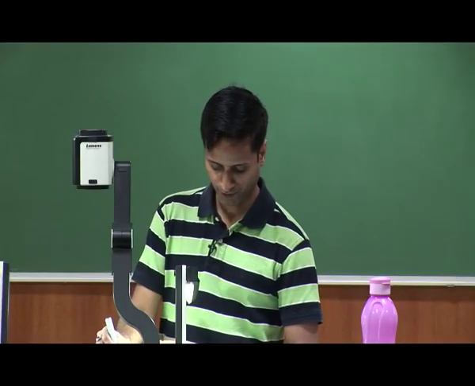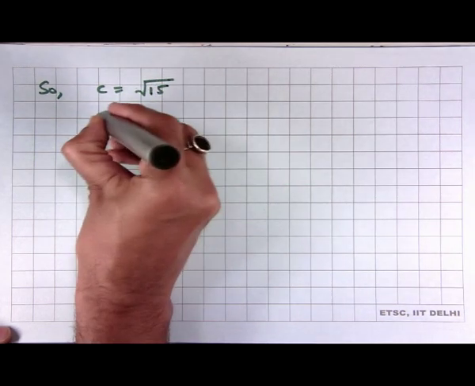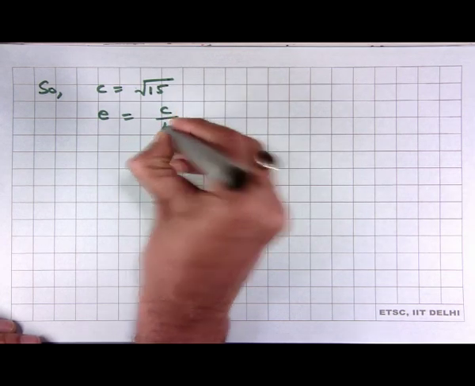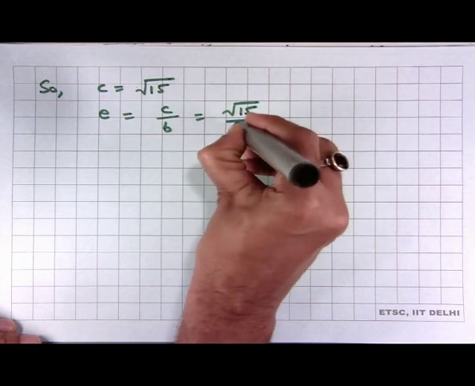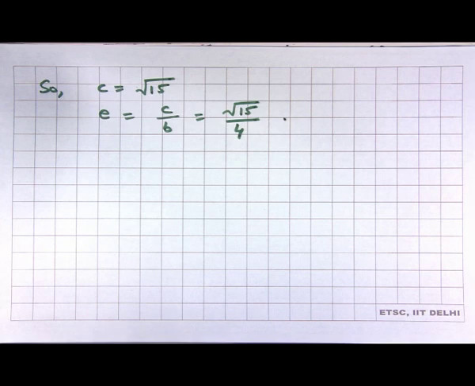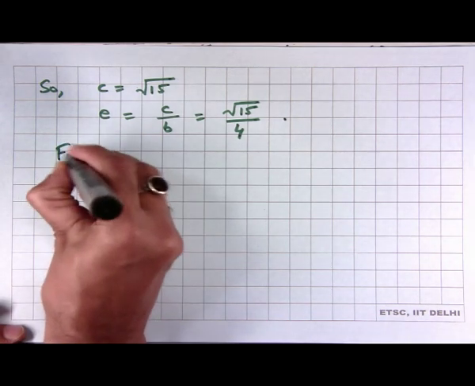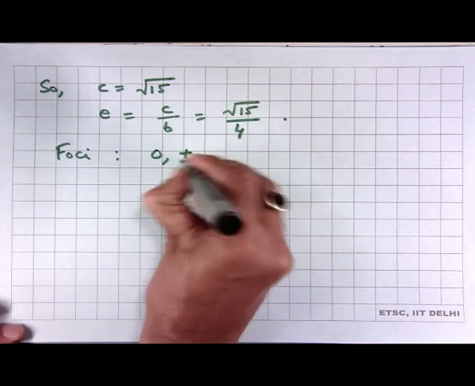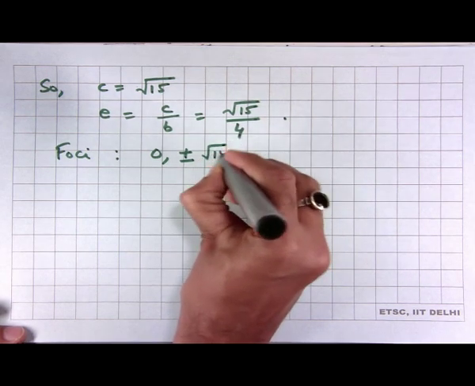So, c is square root of 15 and eccentricity e is c over b, which is square root 15 over 4. Therefore, the foci are at (0, ±√15).